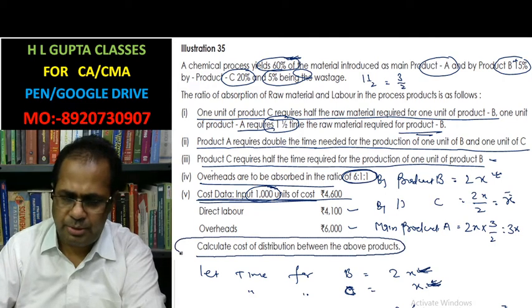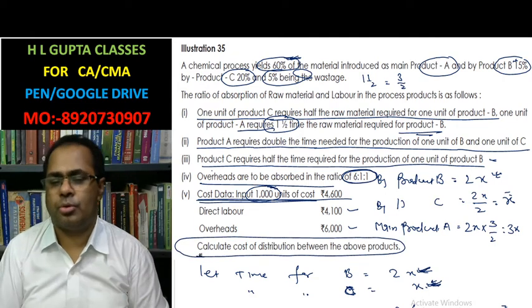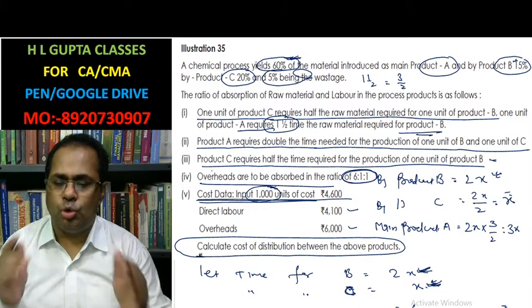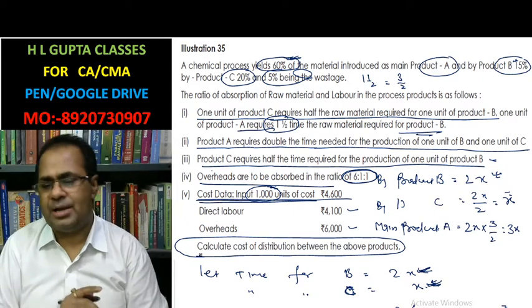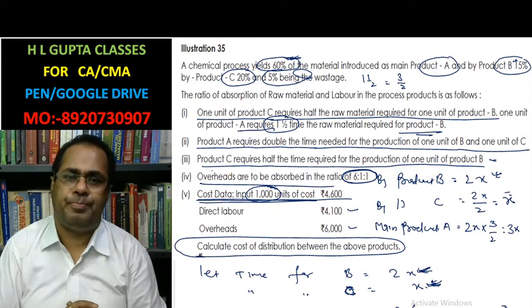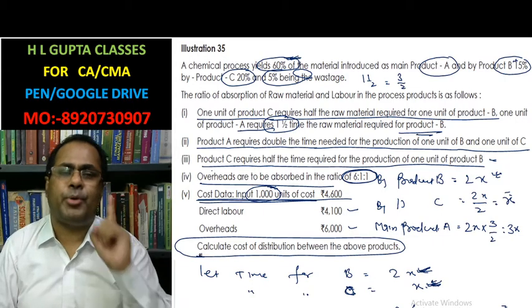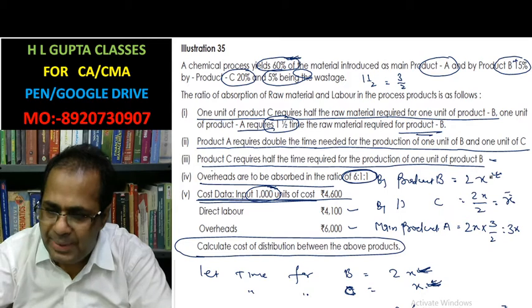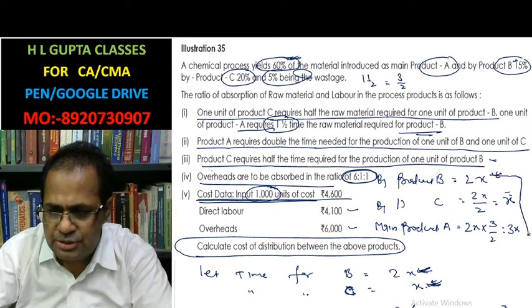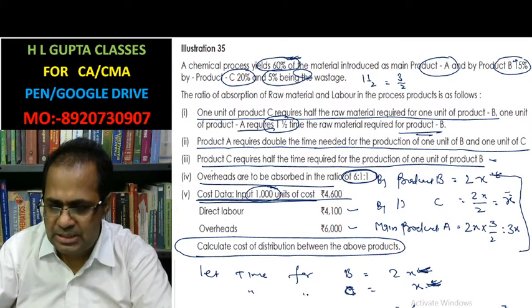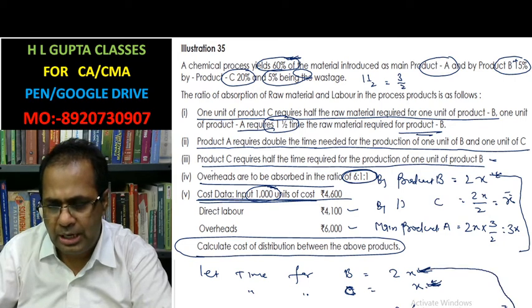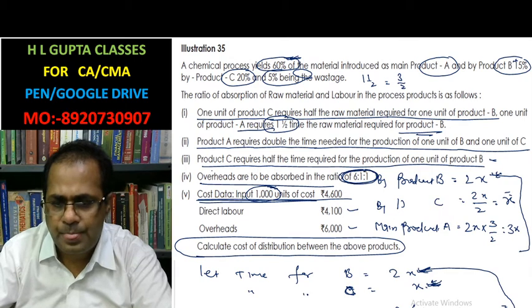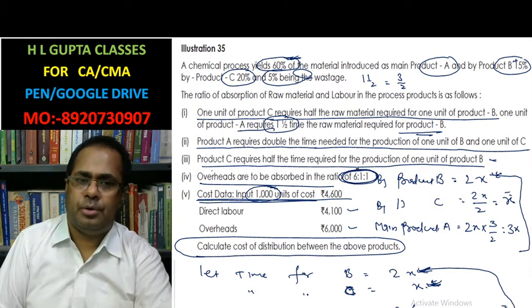You have to determine the cost of distribution between the above production. In this case, you first have to calculate the ratio of raw material for 1 unit of production, the ratio for labor and the ratio for overheads.